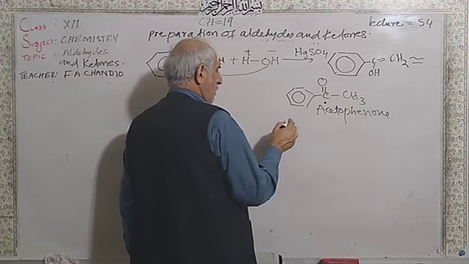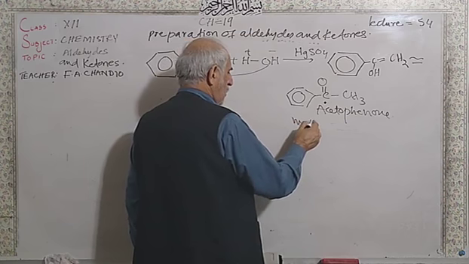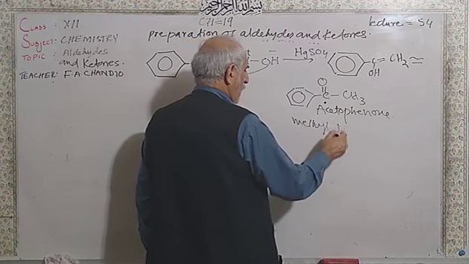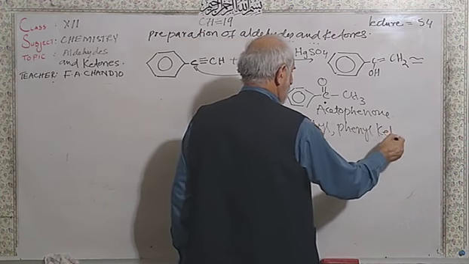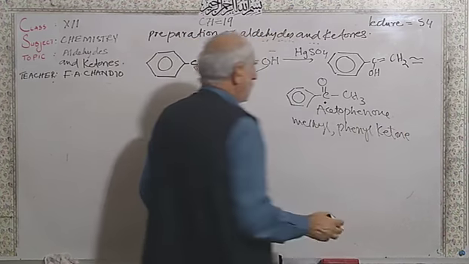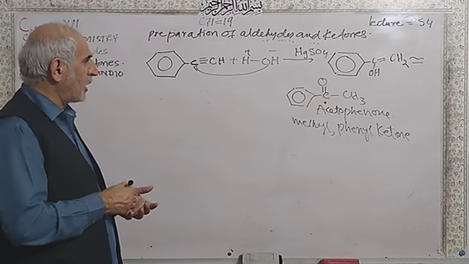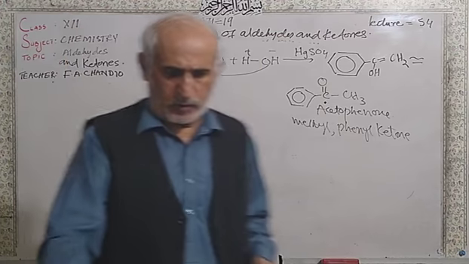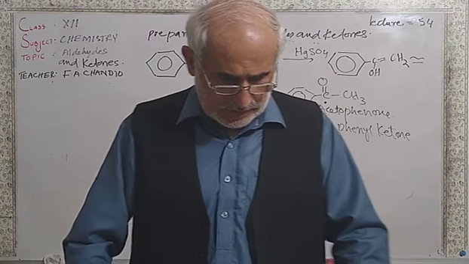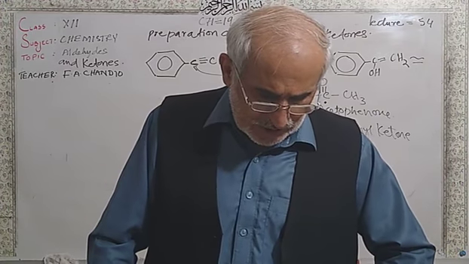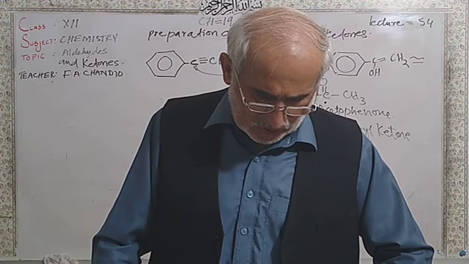Or methyl phenyl ketone. Methyl phenyl ketone or acetophenone is going to be formed here. So this is the second method. The third method is oxidation of primary and secondary alcohols.